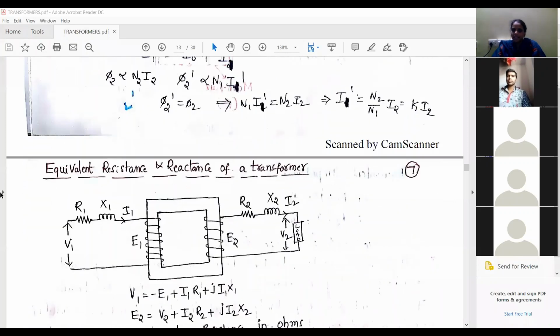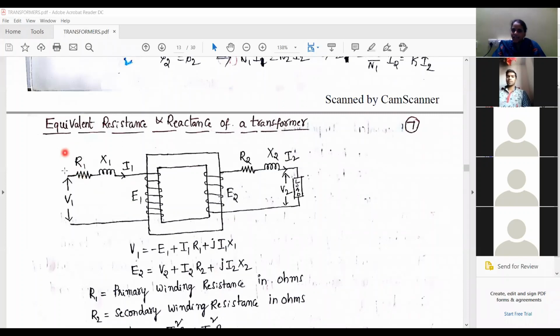So whenever you go for the primary winding, there are resistance R1 and reactance X1. And when you go for the secondary winding, we have resistance R2 and reactance X2. The voltage V1 is in the primary winding and the voltage V2 in the secondary winding. E1 is the voltage induced in the primary winding and E2 is the voltage induced in the secondary winding.